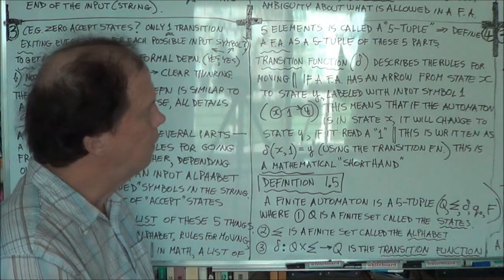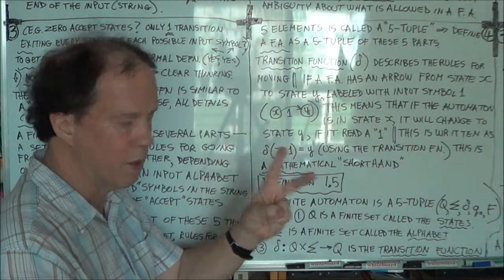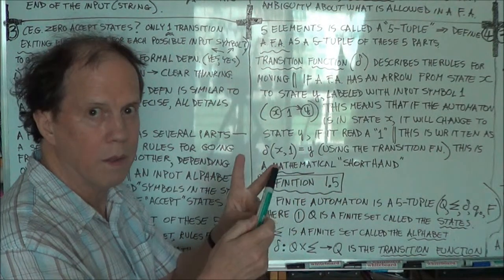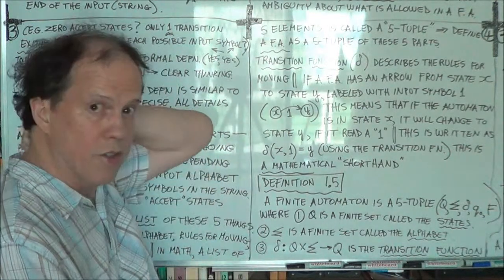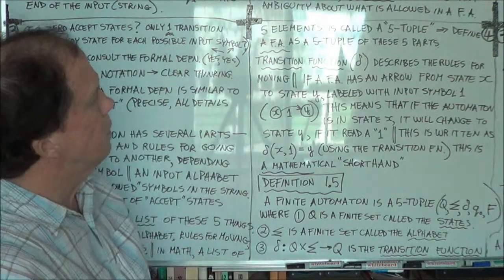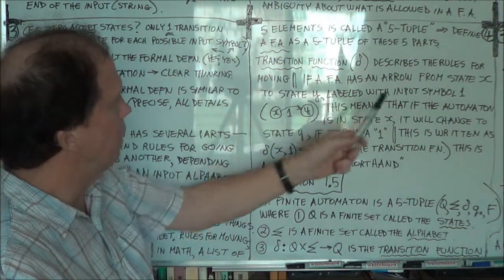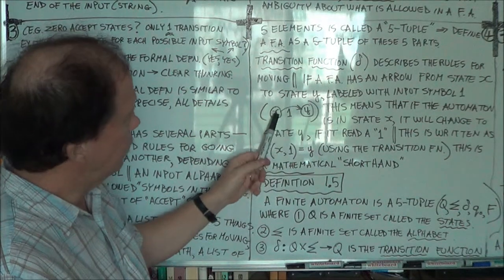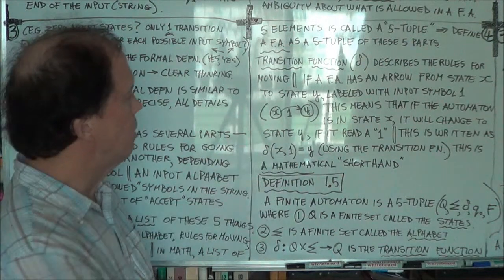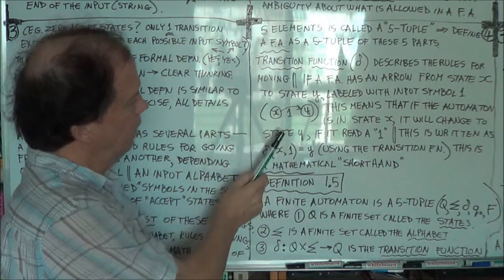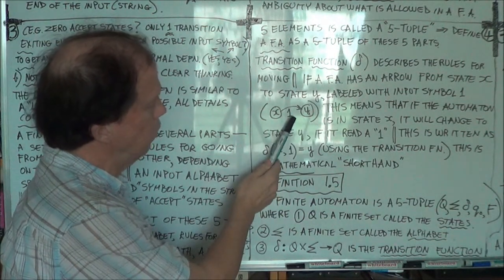So this delta, if you like, is a function, and it maps a combination of two things: the current state and the current symbol being read in the stream. Okay. So, for example, say in your state diagram, you have a state X and a transition labeled 1 and a state Y. So this transition, it's in state X. Current state is X. It's reading symbol 1.